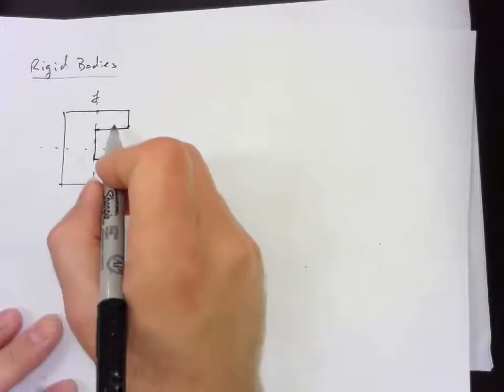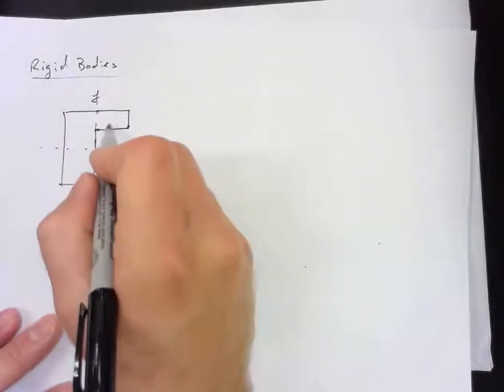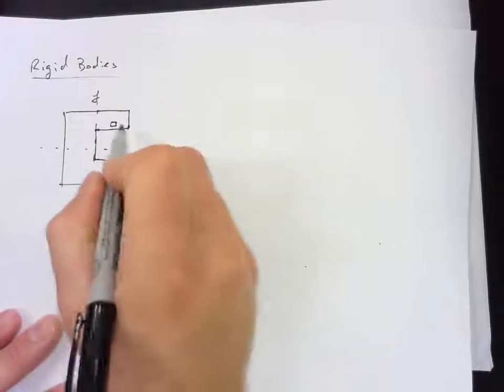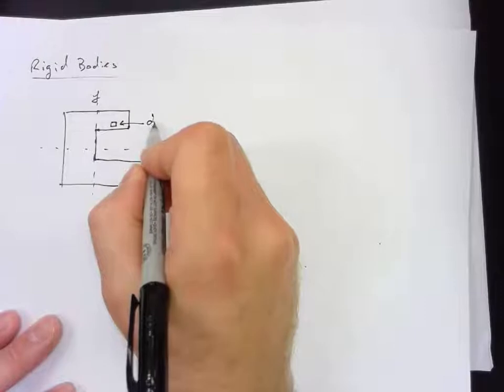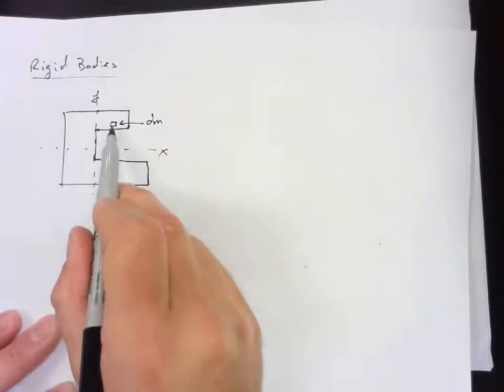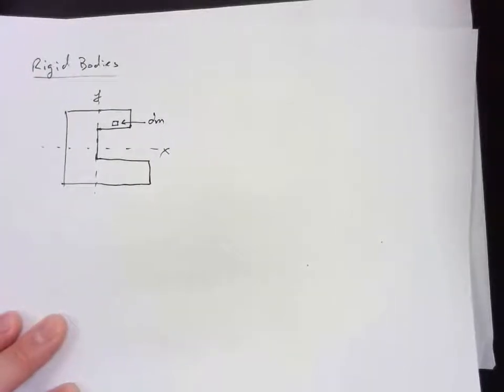So if we try to take one of those infinitely small sections of mass, we would call it dm. So that's the infinitely small amount of mass that is contained at any location, down to the single particle.